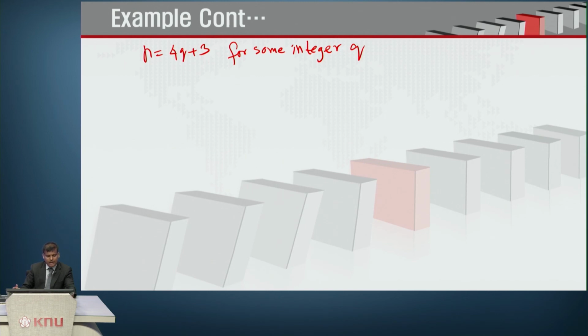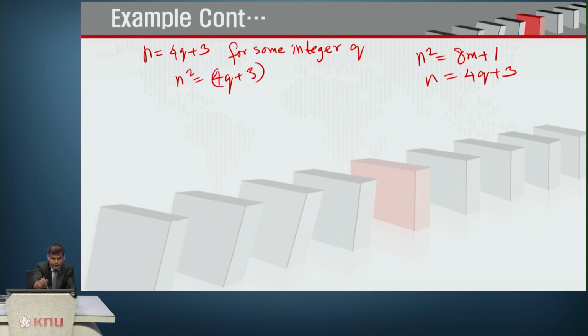So we must find an integer m such that n square equals 8m plus 1. Since we know that n equals 4q plus 3, can we rightly say that n square equals 4q plus 3 the whole square?